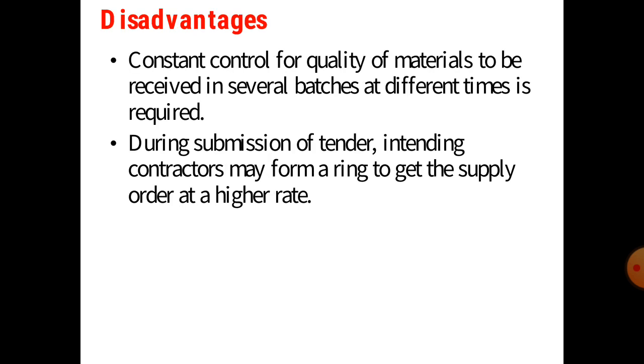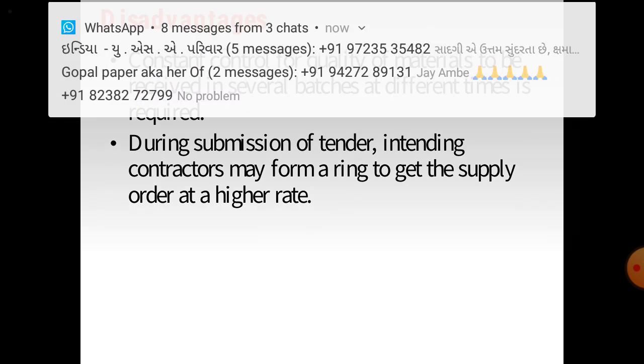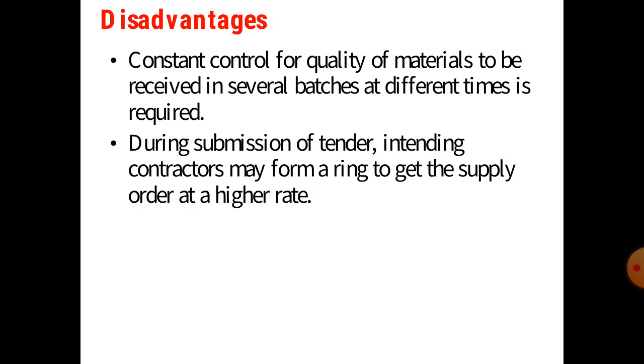Here are some of the disadvantages of a material supply contract. Constant control of the quality of the material, received in several batches at different times, is required. During the submission of the tender, the intending contractor may quote a higher rate to get the supply order.